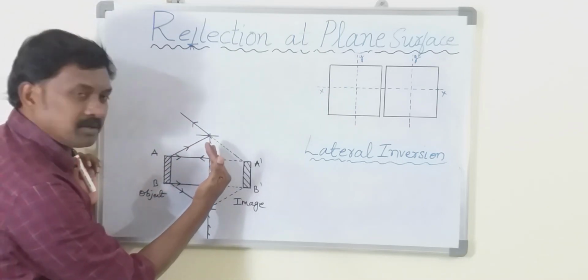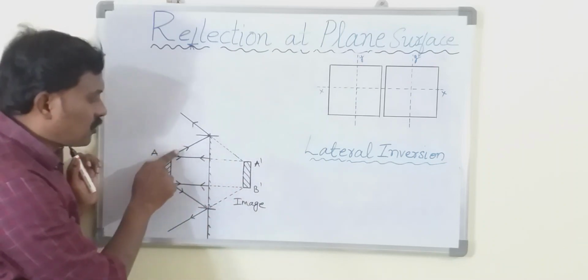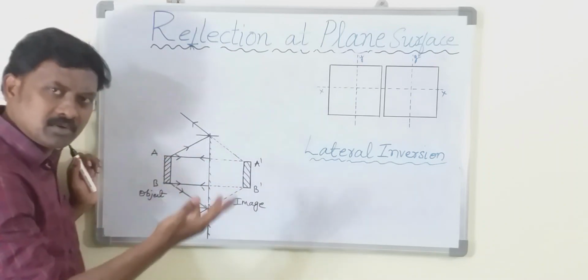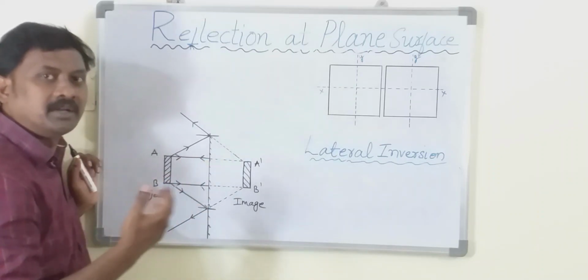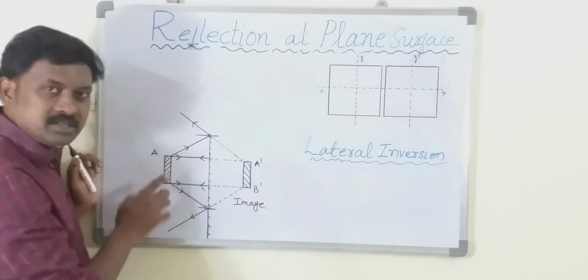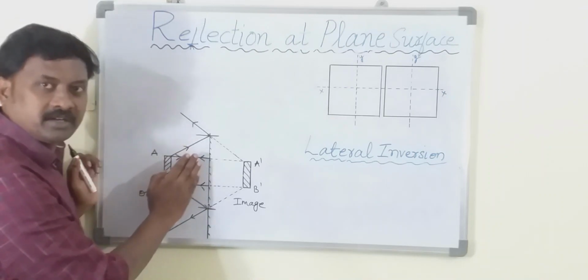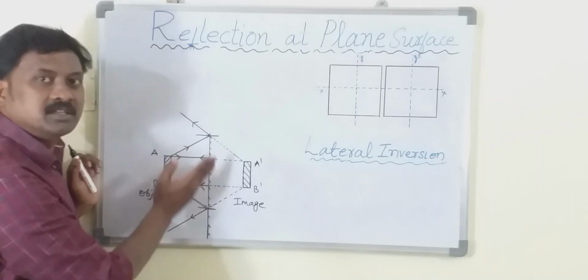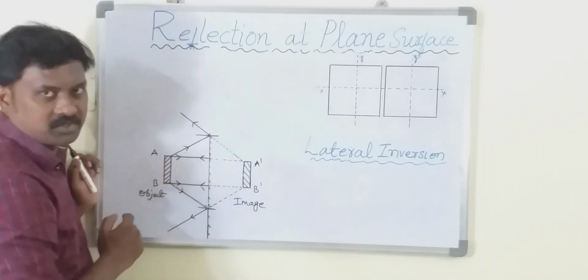But since we have the mirror towards the right, I am taking 4 incident light rays. You can take any number of light rays, but the more you take, the more complicated it becomes. So I have taken 4 incident light rays, and I got 4 reflected light rays, and as these 4 reflected light rays were not meeting, we didn't get a real image. So we have got the virtual image.